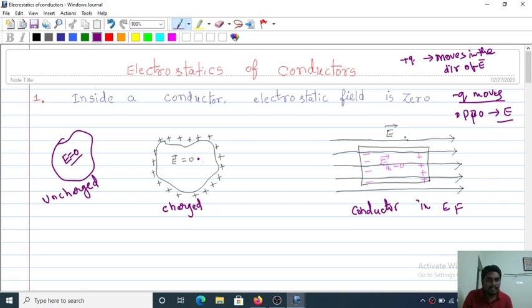Because here the external electric field is E, and internally one more electric field, the induced electric field, is developed. This induced field E induced is in the opposite direction and equal in magnitude to the external electric field, so that the net electric field is zero.